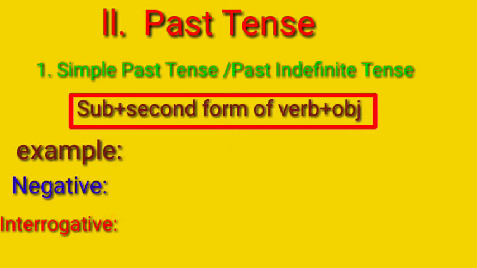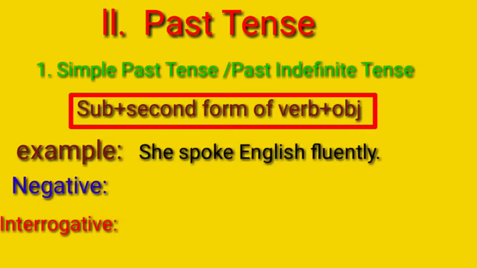Let us take one more example. She spoke English fluently. Here we know subject is she, spoke is second form of the verb speak, and English is the object. Then we have to change this one into negative.